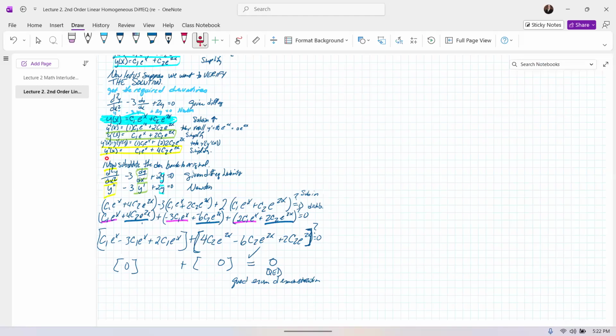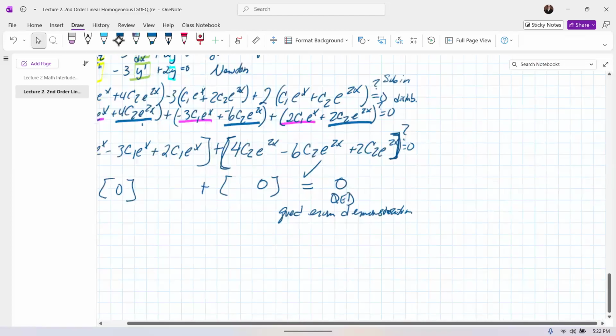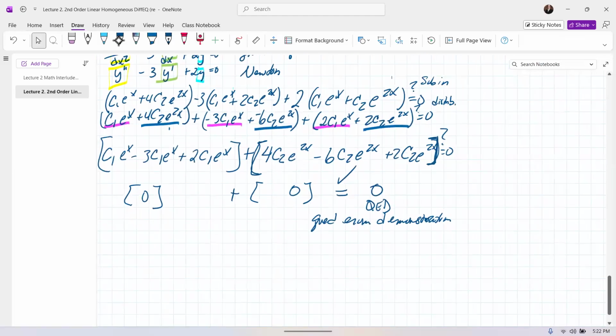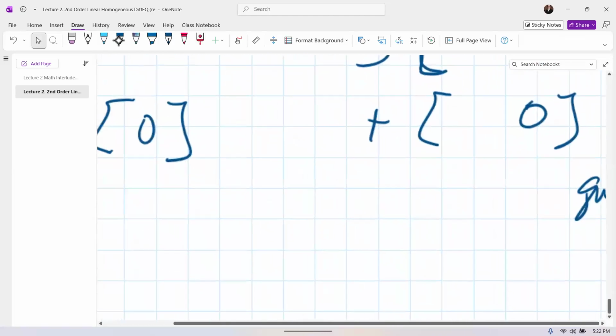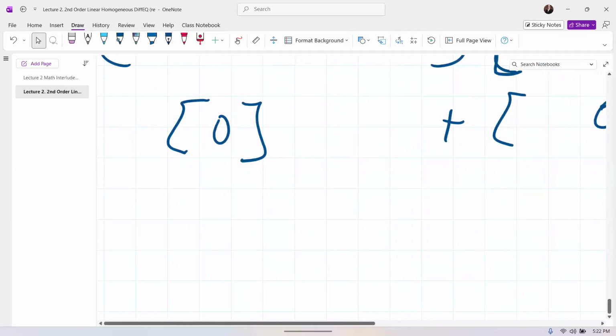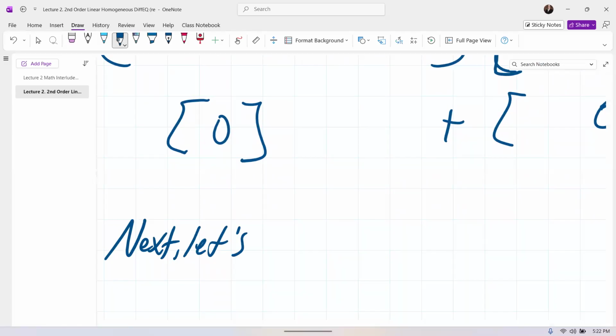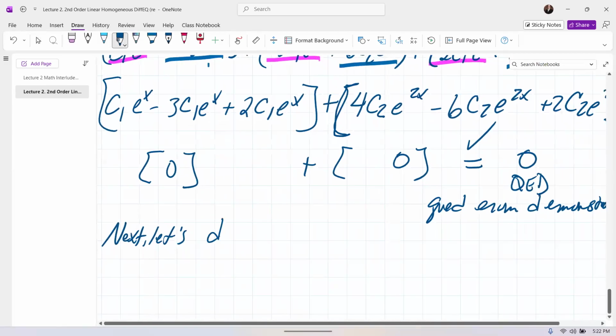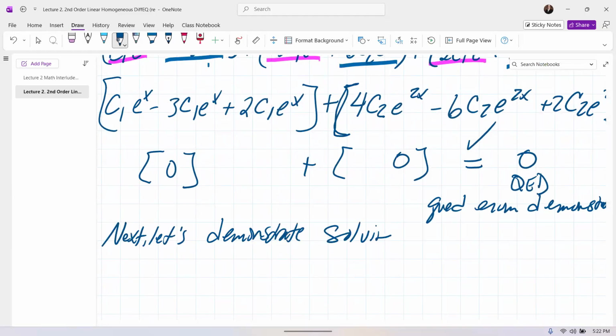All right. Next we want to demonstrate solving for the values of C1 and C2. This is applying the boundary conditions. Let's move back out to some reasonable next. These are the boundary conditions.